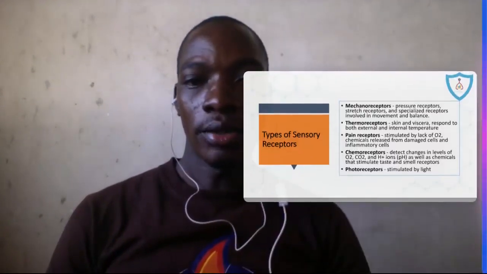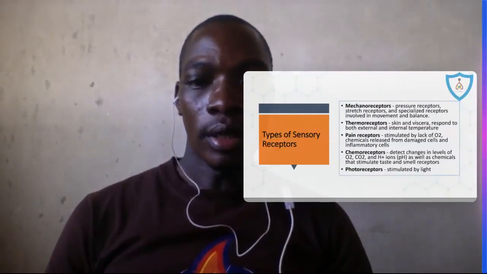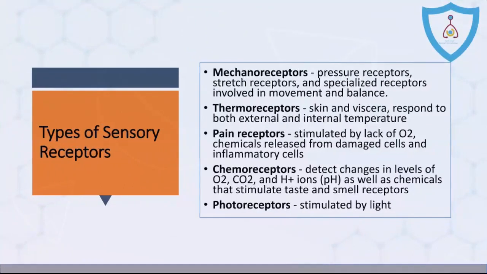Okay. This is another slide on the general senses. They use mechanoreceptors to detect pressure, stretch receptors to detect degree of stretch, and thermoreceptors to detect heat or cold. Pain receptors can be stimulated by different chemicals to detect pain, and we are going to talk about this when we talk about pathology.